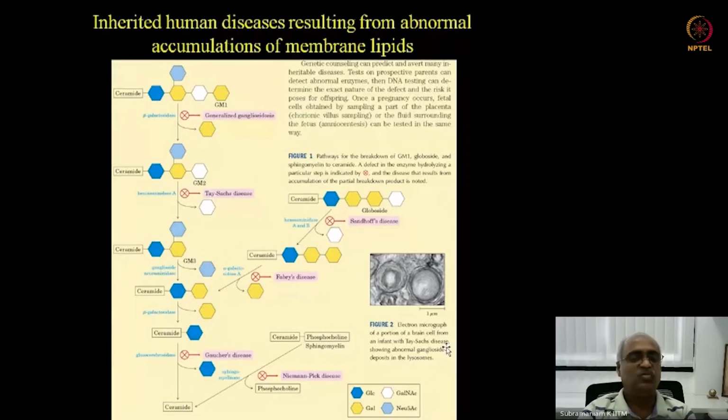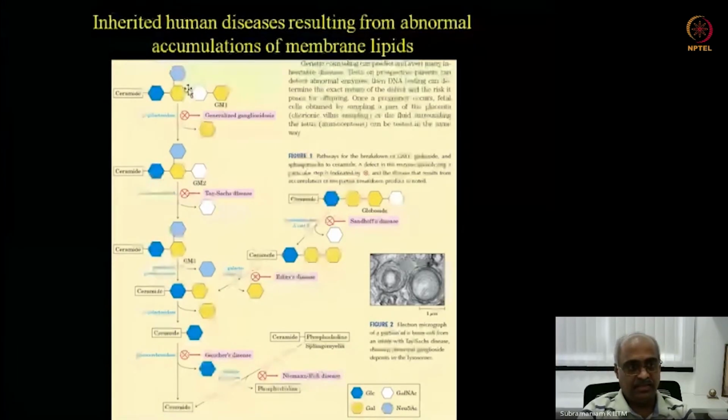Okay, before that there is one important side note that we need to learn. These oligosaccharides that you find in phospholipids and sphingolipids. This picture is showing only sphingolipids. Ceramide on one side, and then here you have the globoside, sphingomyelin.